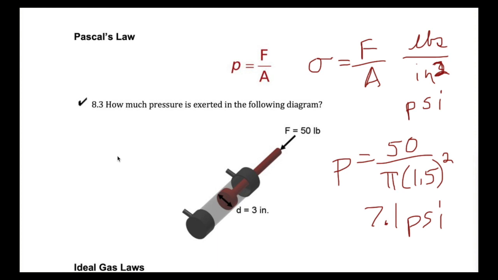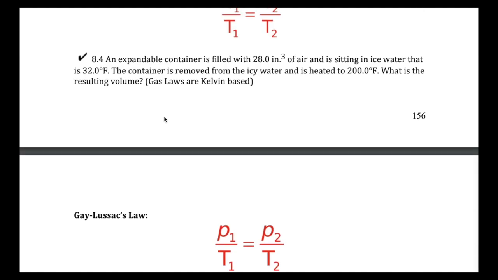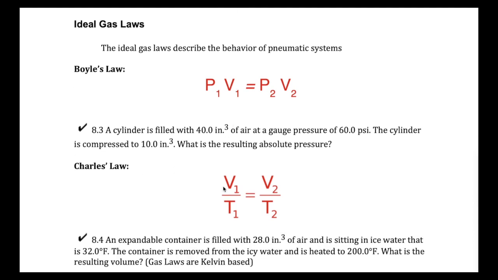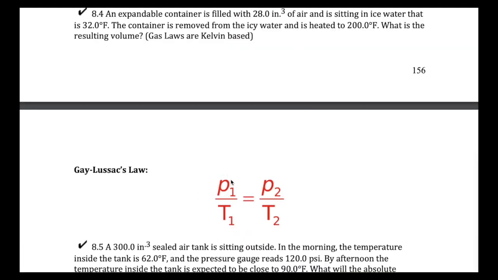Now we have ideal gas laws. We have 3 laws: Boyle's Law, Charles' Law, and Gay-Lussac's Law. The reason we have 3 is because there are 3 different variables that describe these gases. Boyle's Law relates the pressure to the volume. Charles' Law relates the volume to the temperature. And the last one, of course, is Gay-Lussac's Law, which relates the pressure to the temperature.